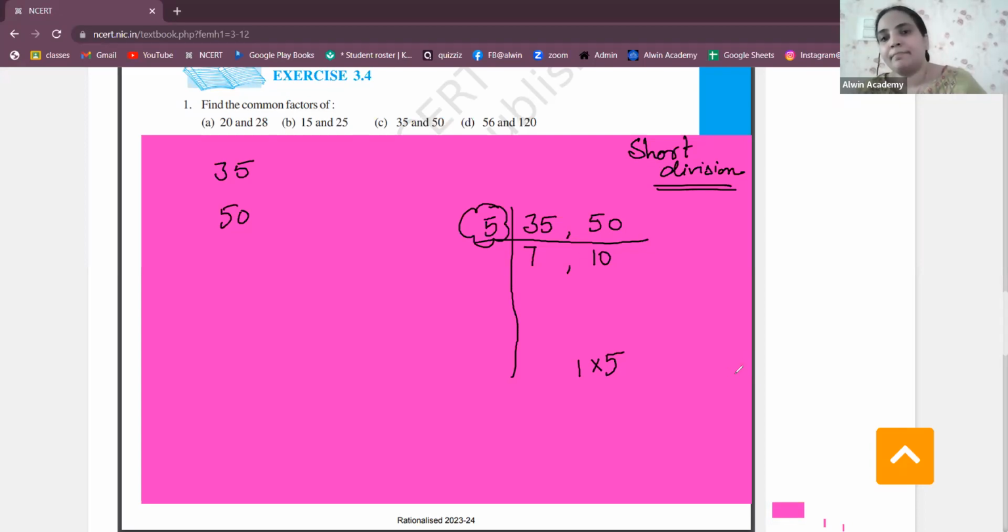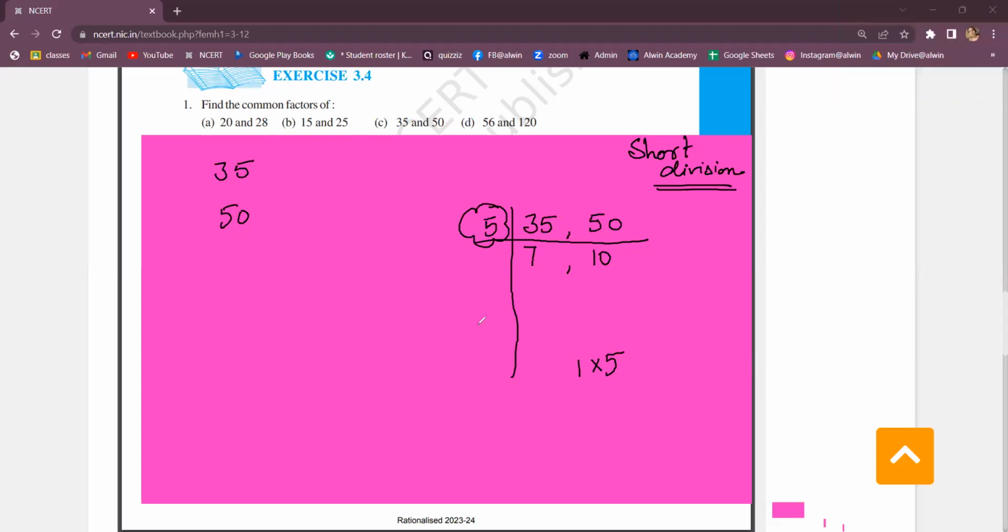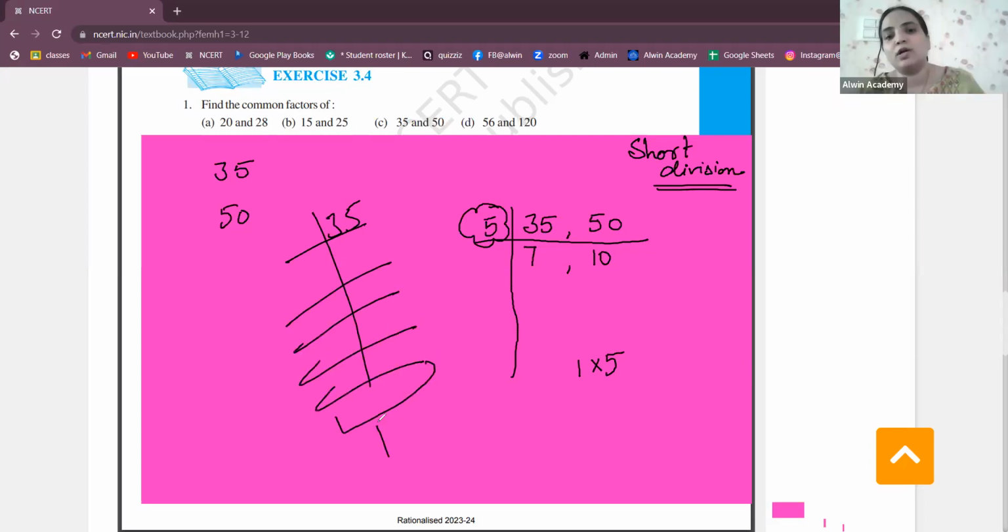But in my previous school, ma'am called this method prime factorization. Beta, prime factorization is when you do it with a single number. 35 when you do it to, beta, this method is called prime factorization method. With the single number when you do it, this is prime factorization.